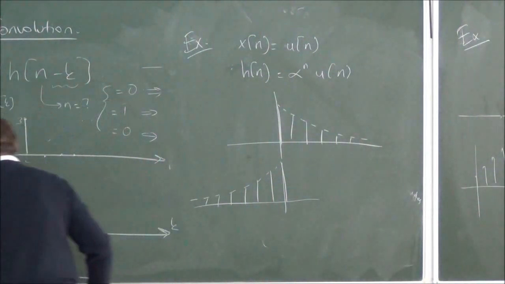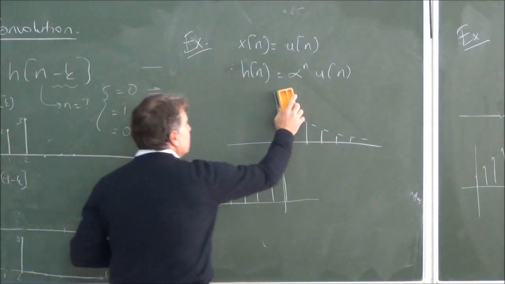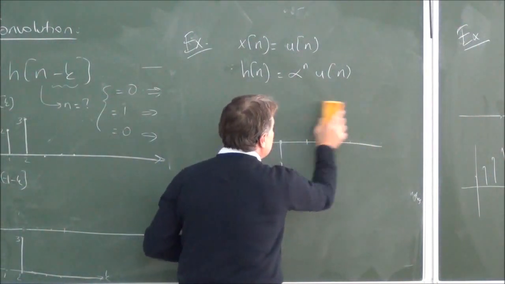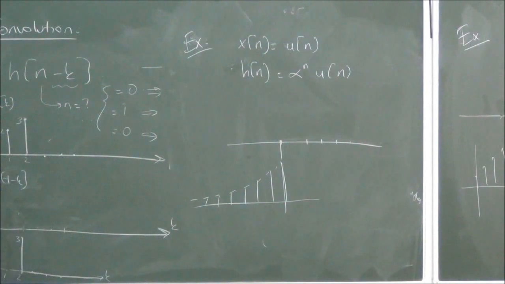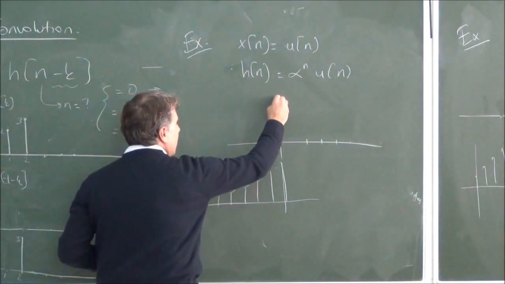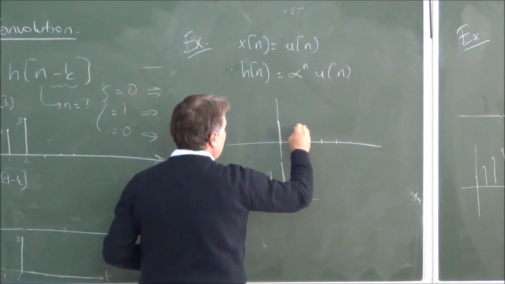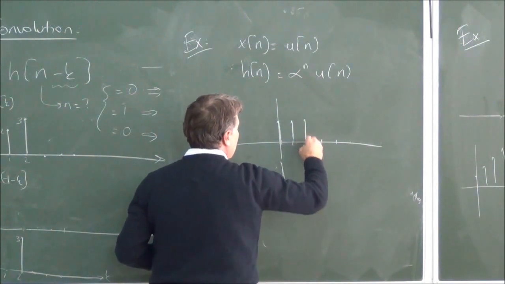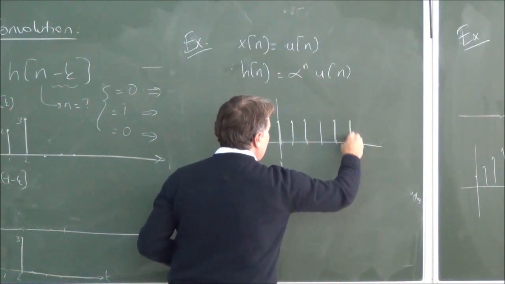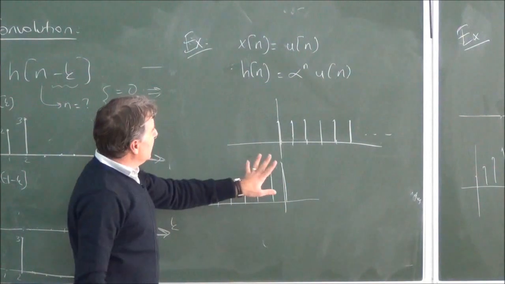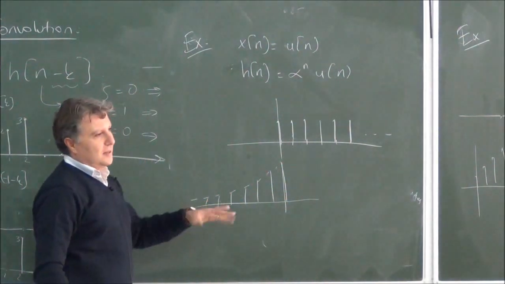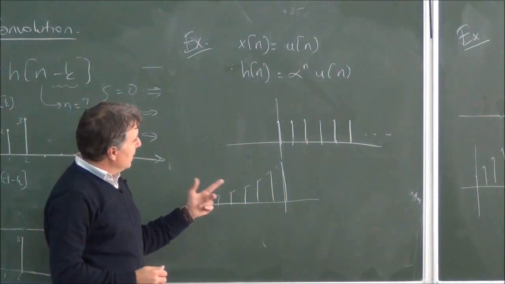And let's multiply it with our input signal, which is u of n. This is u of n. This is h of minus n, sort of thing, flipped around.